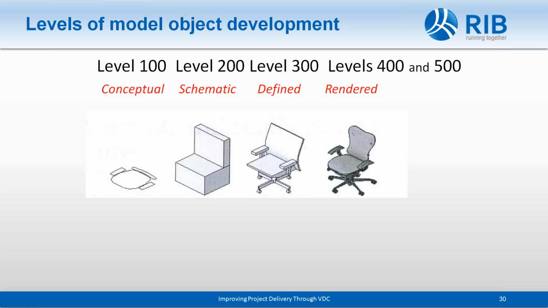And then when it's defined, we know there's a chair there, but we don't know exactly what brand or anything like that for maintenance purposes. We know where it is. We know it's a chair. And then at the end there, we know the brand of chair, the size, everything about it, the material, where it's located, when it's going to be installed, and so on.